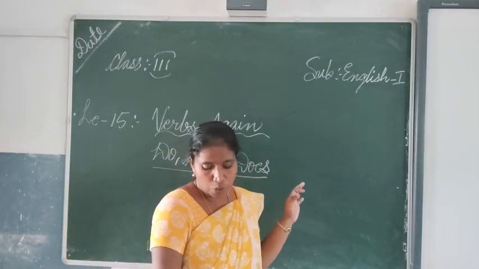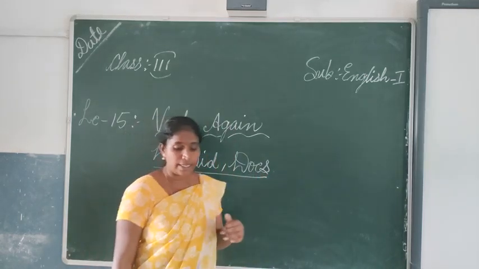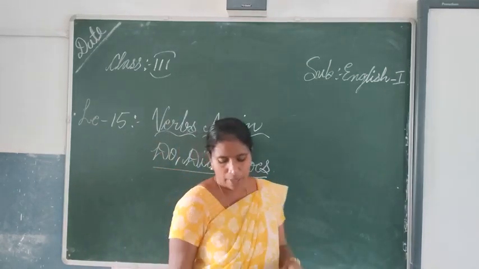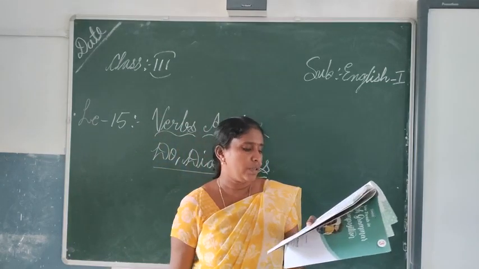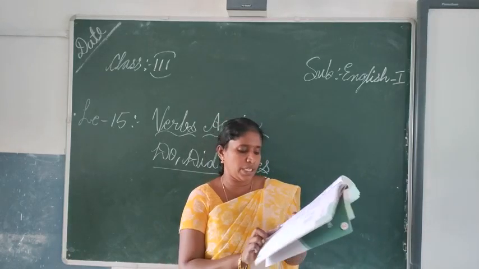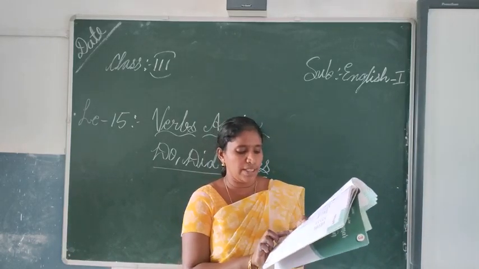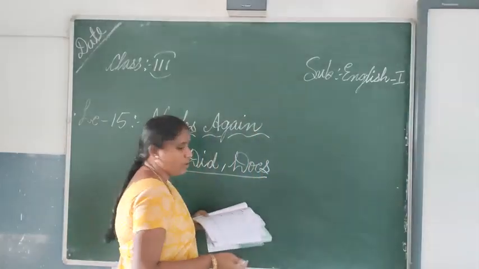You know how to plant. Then read the sentences given. The next one: You reach school on time. He read well. So what is missing in these sentences given above? So these 3 sentences they have given.